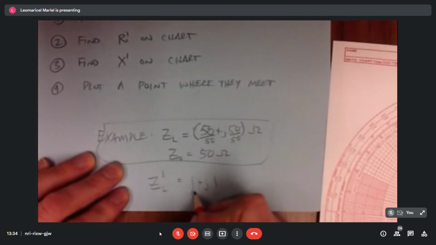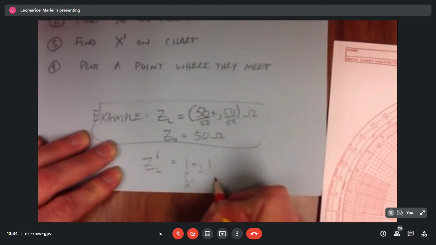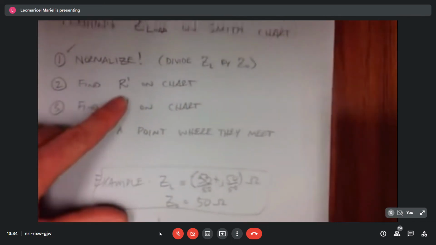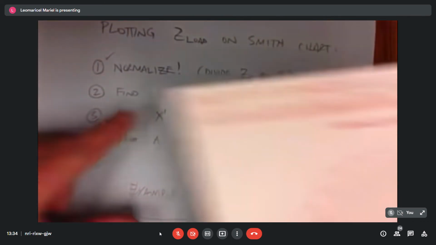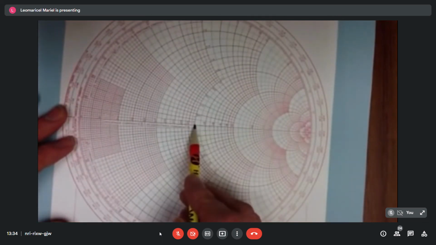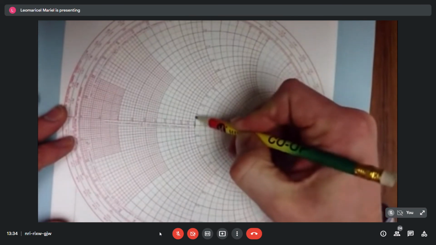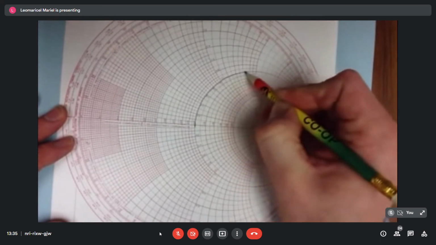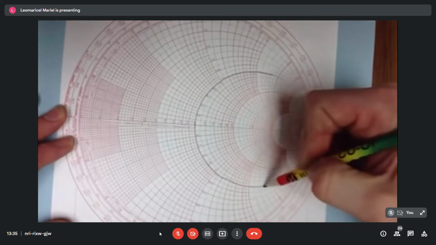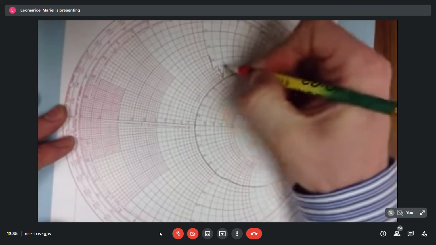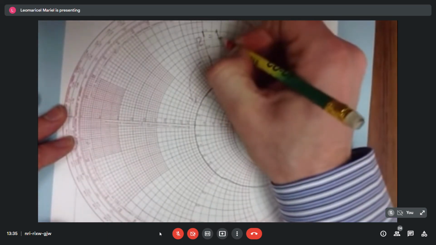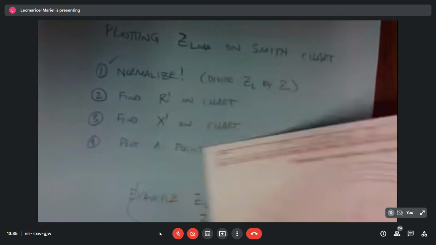So this is the normalized R. This one is the normalized X. So finding the normalized R, which is 1, I go along here. These are the R values. 1 is right here. Okay, so that's 1. That means everywhere on this line that passes through 1, that's a normalized R of 1 on that circle. So we could say anywhere on this circle, normalized R equals 1. So that is the 1.0 center line axis.